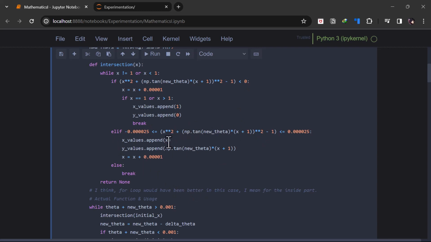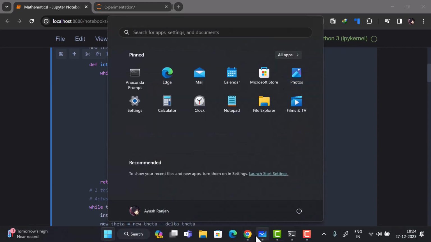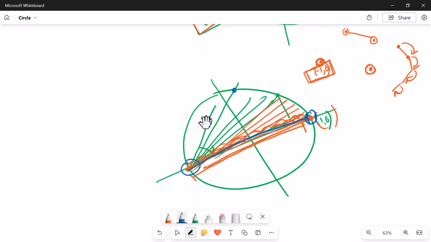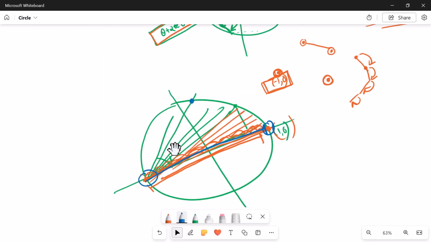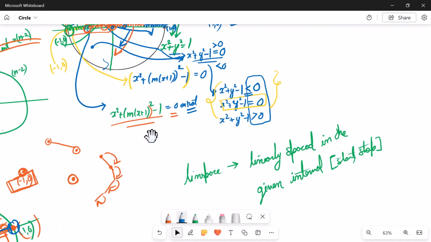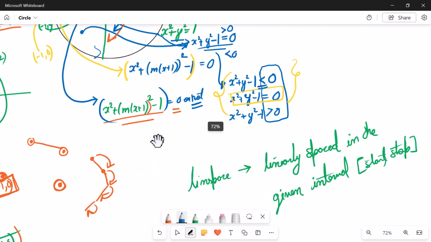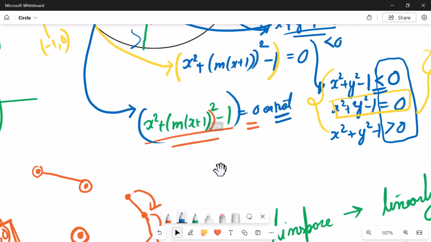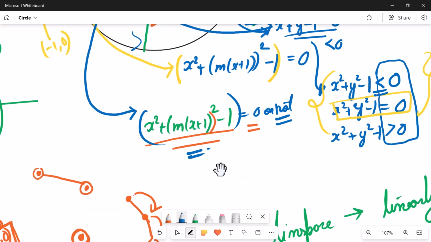So what we are doing in this case is, I could have written this value to be double equals to 0, right? This is the condition that I just discussed with you. If this particular equation is double equals to 0, then we are at the intersection.